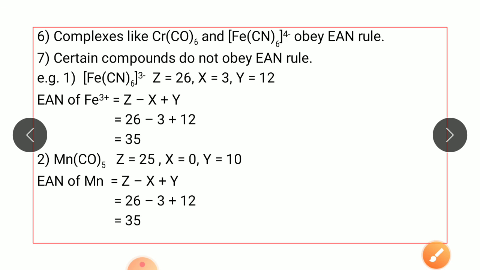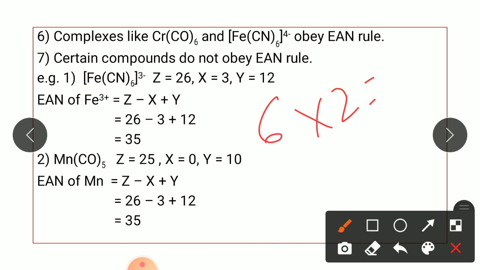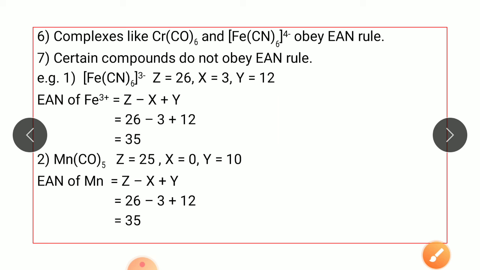Cyanide is a monodentate ligand. One cyanide will donate 2 electrons, so 6 cyanides will donate 6 into 2, that is 12 electrons. Substituting the values in the Z minus X plus Y formula, it will be 26 minus 3 plus 12, that is 35. So it should have been 36 in order to obey the EAN rule. So even though the EAN is 35 and it is not following the EAN rule, the complex is stable.